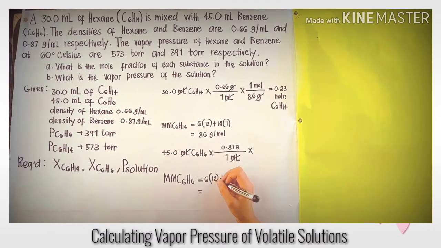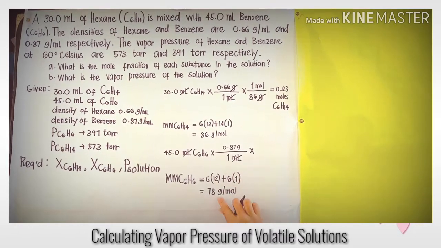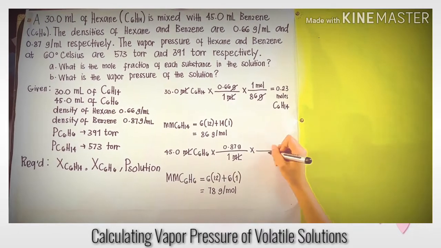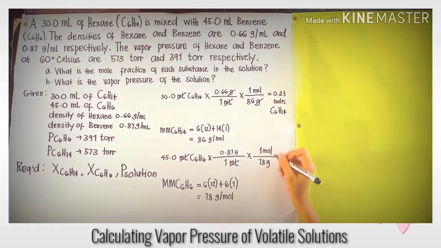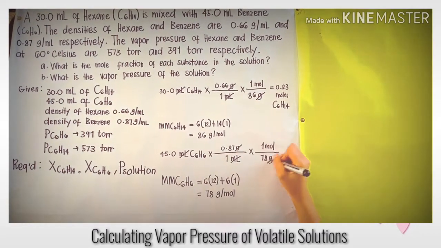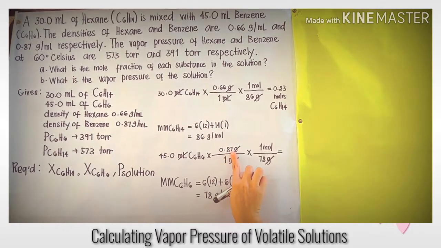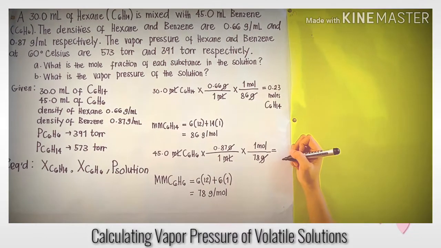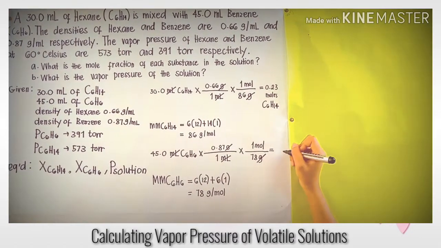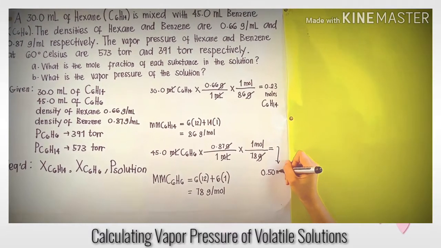And now the molar mass of benzene is 78 grams per mole. And put that in the next fraction. Cancel the unit grams, then calculate. 45 multiplied by 0.87 divided by 78. And so this is going to be 0.50 moles of benzene.